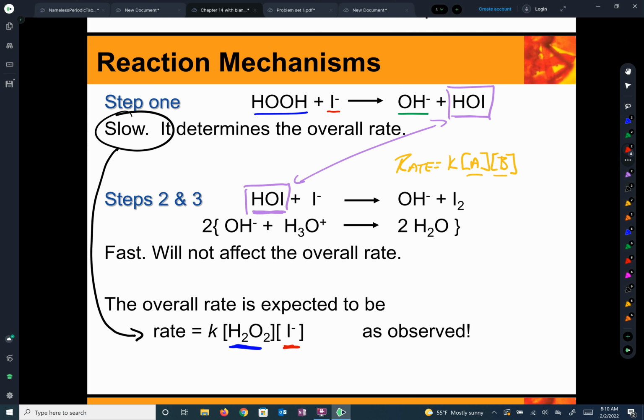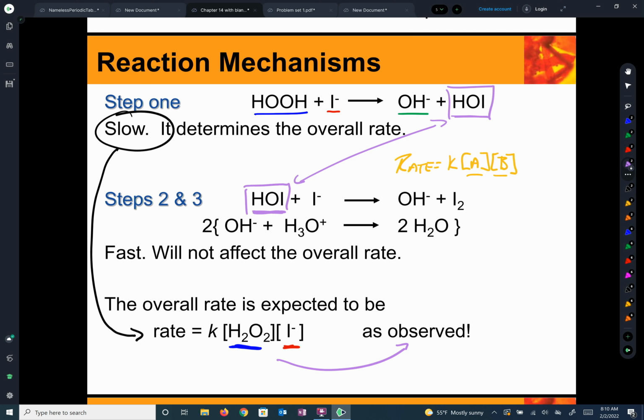And it just so happens that if we have the right information, we can actually verify this, right? We can run a series of experiments by changing concentrations, and we can see if what we think is the rate law actually matches the observations, and it happens to be the case here also, okay?